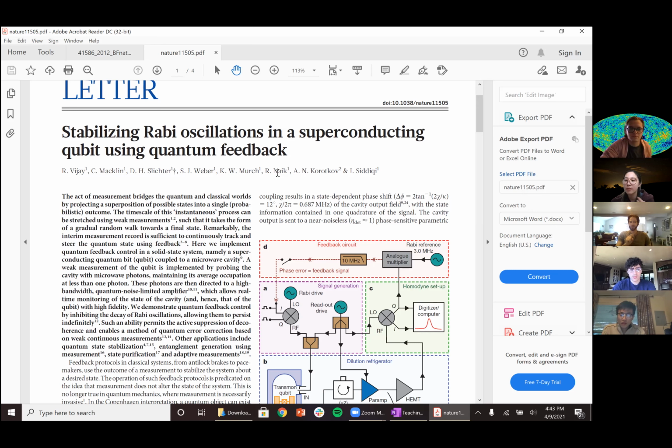So for instance, you start the qubit spin up, which is its ground state, and this is the z-axis. And we say the x-axis is this way. Then we start rotating the qubit around the x-axis, and now it's spin down. And you keep rotating it. Now what the measurement does is it kicks it around as it's rotating. And so you set your feedback in to lock it back into that smooth rotation.